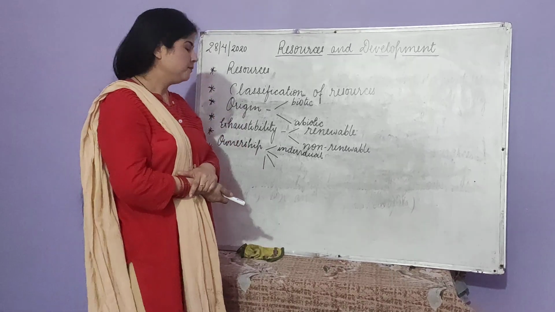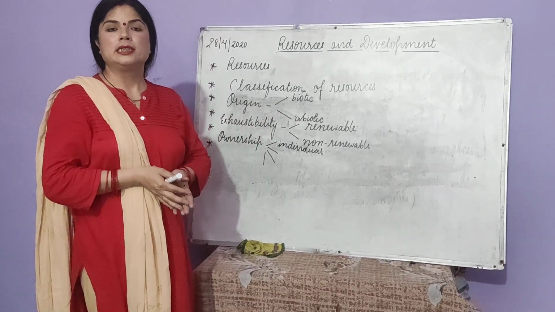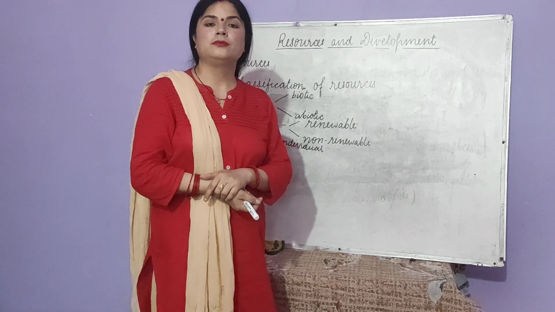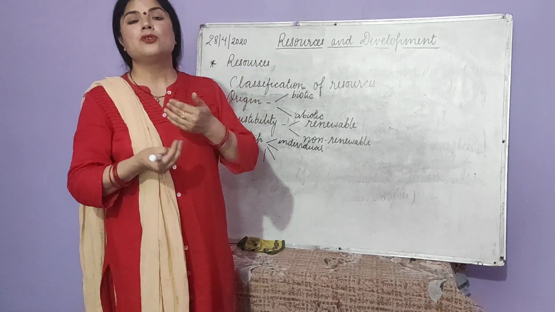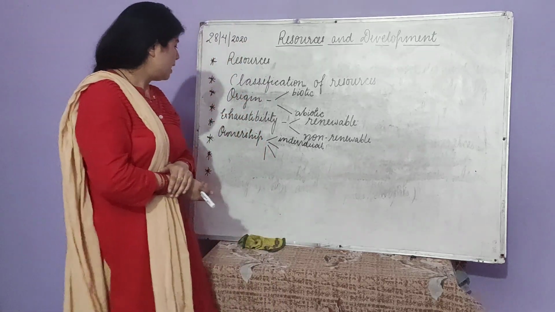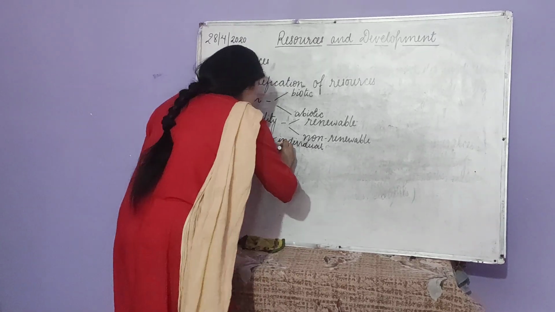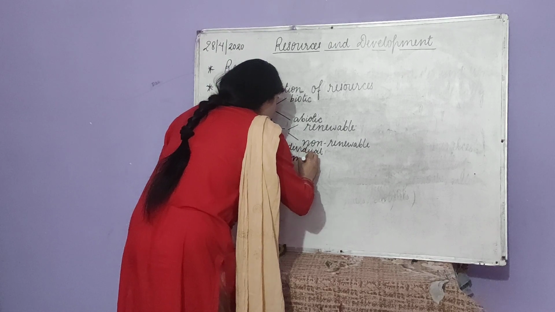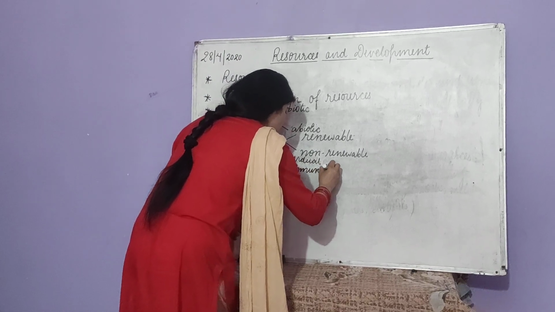For example, factories, industries, individual ponds, wells in the villages. Now, second is community resource.